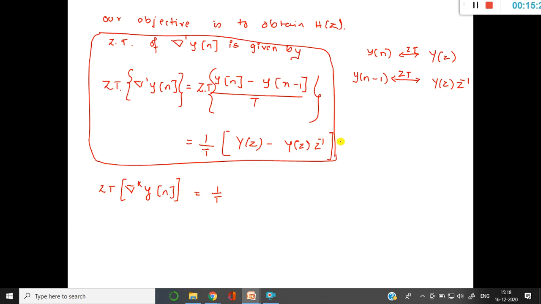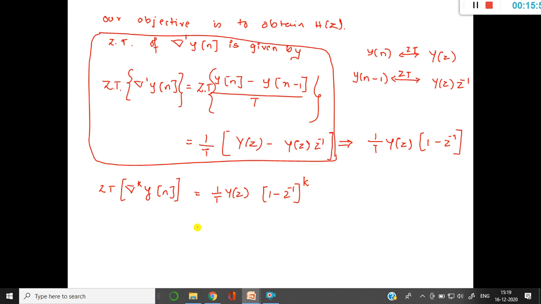Here, moreover, I can take Y of z as a common factor, like 1 by T. Y of z, if I take it as a common factor, then it is 1 minus z inverse, right? Now, this is for first order. For the kth order, this will be like 1 by T Y of z, okay, 1 minus z inverse to the power of k.